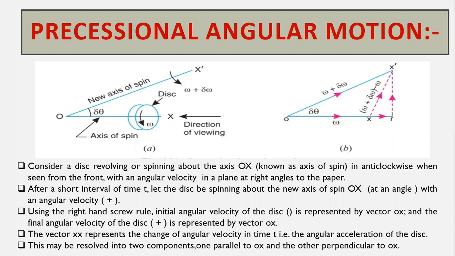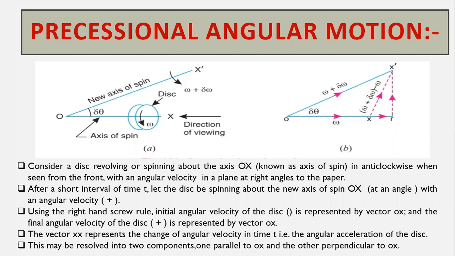This is known as the new axis of spin, OX dash, with a time interval of t, and it has a different angular velocity, that is omega plus delta omega. But in the earlier axis the angular velocity is omega.